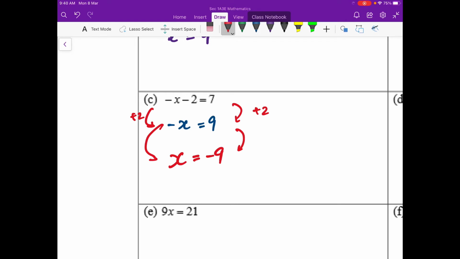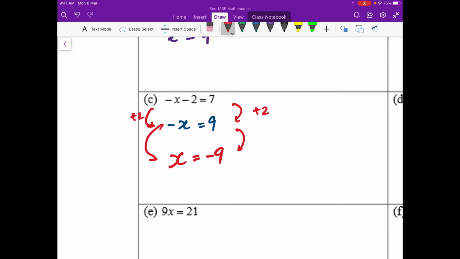Whoever gives me the correct answer, I'll bring a prize for you the next lesson. No guess and check. How do I go from negative x to positive x if I don't multiply by negative 1?